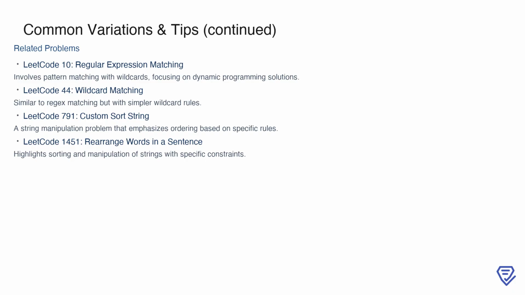Another useful problem is LeetCode 791, where you implement custom sorting of strings based on specific rules, emphasizing string manipulation. Finally, LeetCode 1451 challenges you to rearrange words in a sentence under certain constraints, highlighting the importance of sorting and string manipulation. These problems build foundational skills that complement your understanding of Camelcase matching and help you tackle variations more confidently.